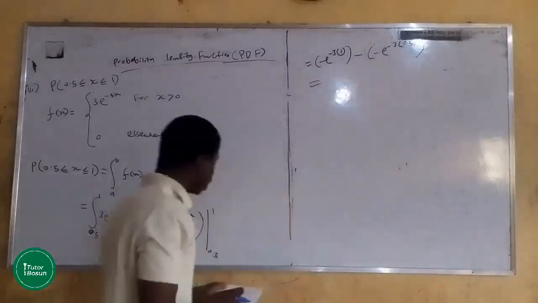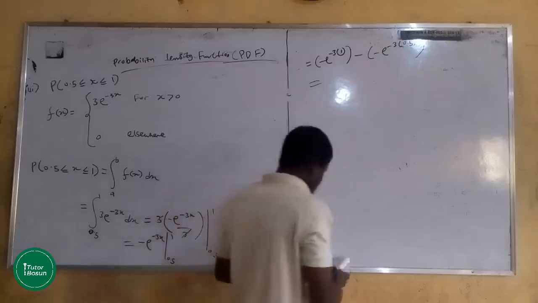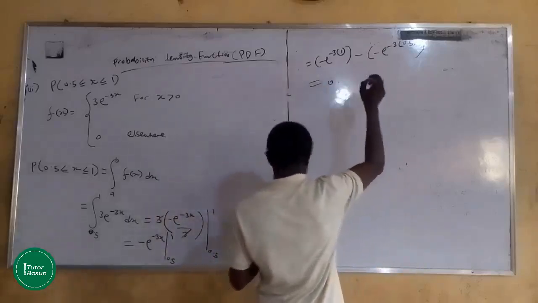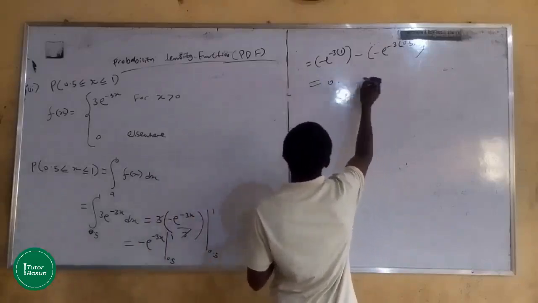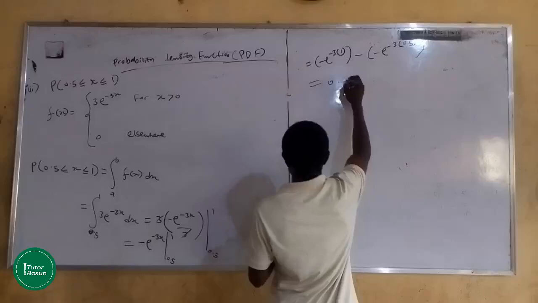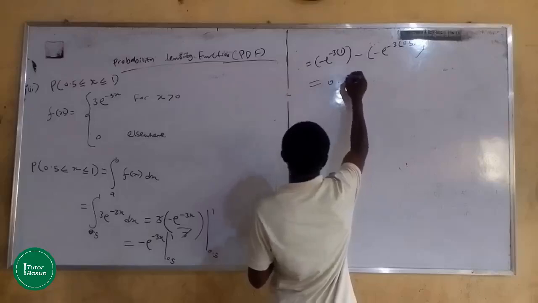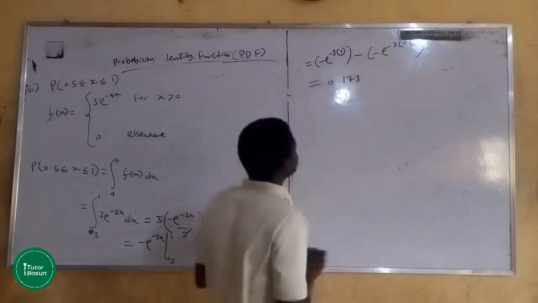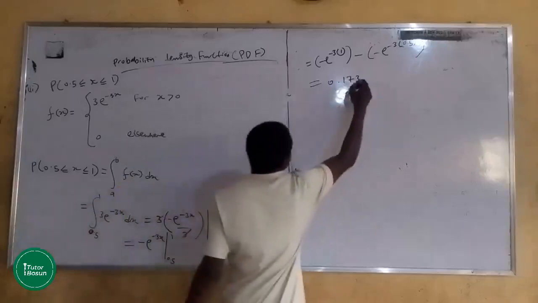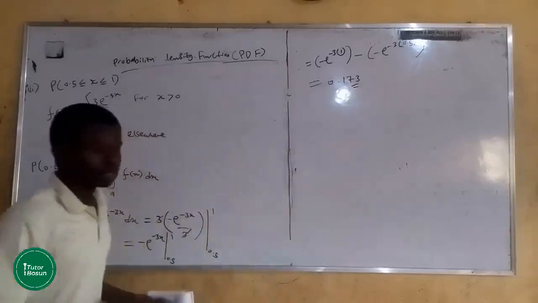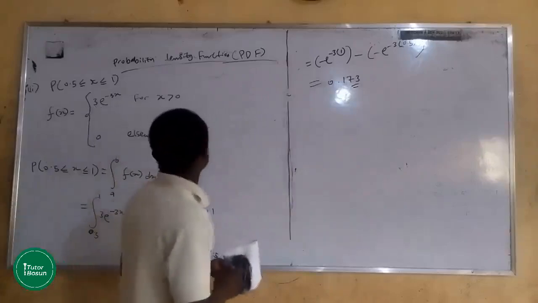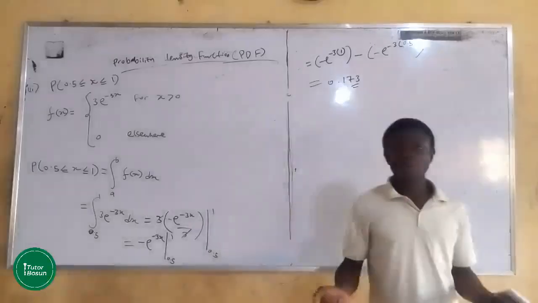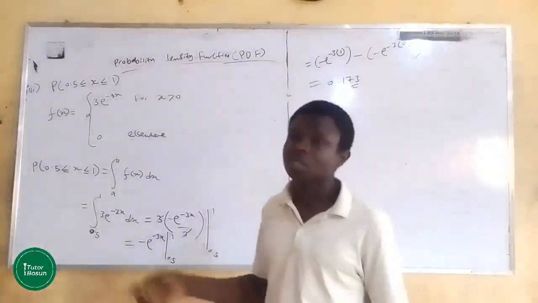If you do that very well, you should have 0.173. You can press that in your calculator to check the answer. So that brings us to the end of our probability density function.